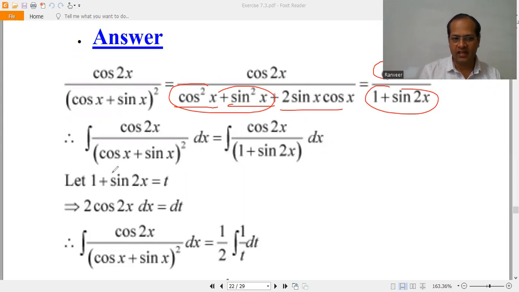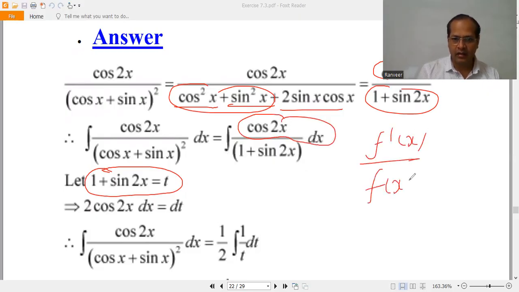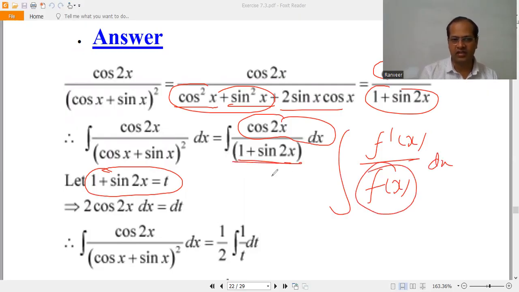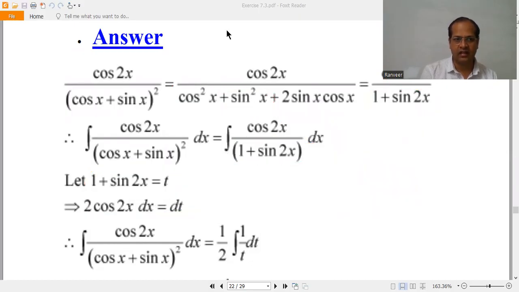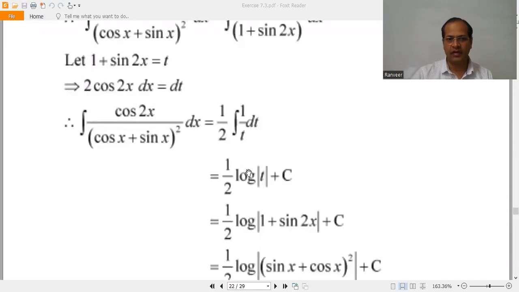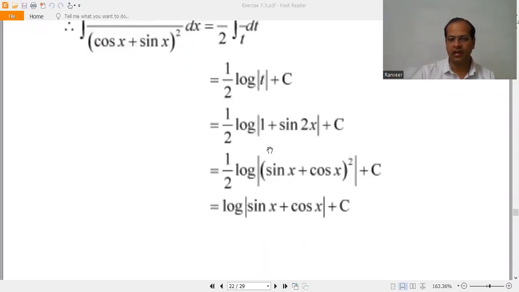Now 1 plus sin 2x, if we take as t, then in the numerator part we have to check. This is the format. Fx equal to t, that is 1 plus sin 2x we will take as t. So this is 2 cos 2x into dx equal to dt, and this is the direct formula, that is 1 by 2 log t, and the t value we have to substitute.